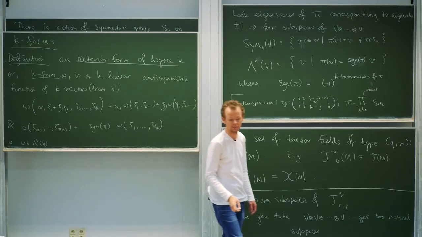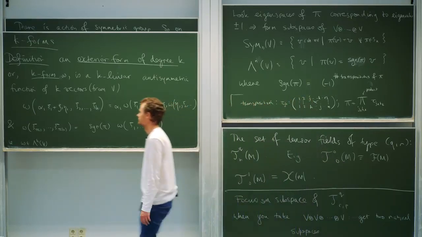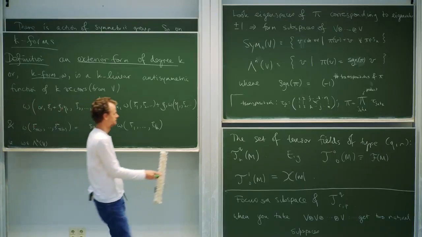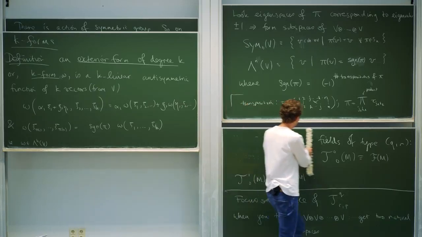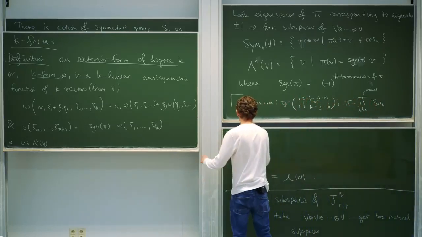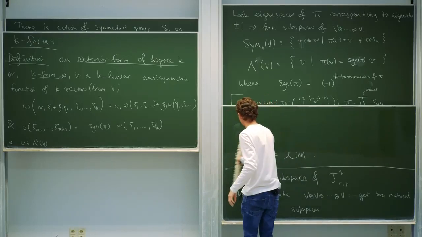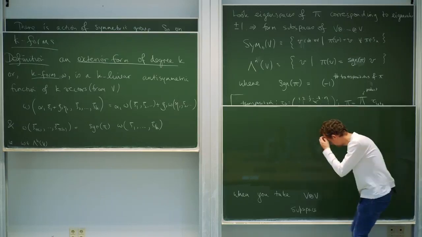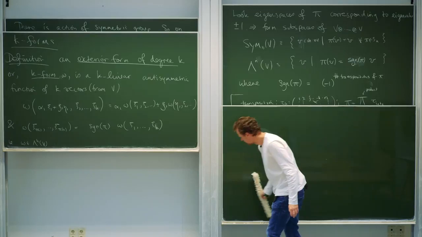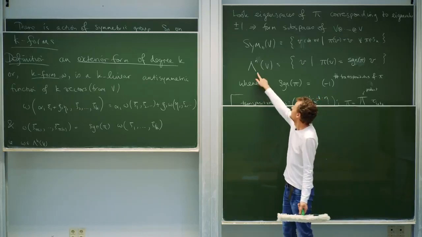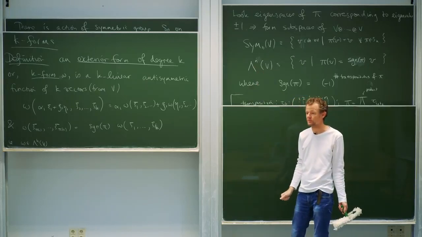From a vector space V. So if Sym V is what you use to build the Fock space of bosons, then wedge N V is what you use to build the Fock space of fermions.